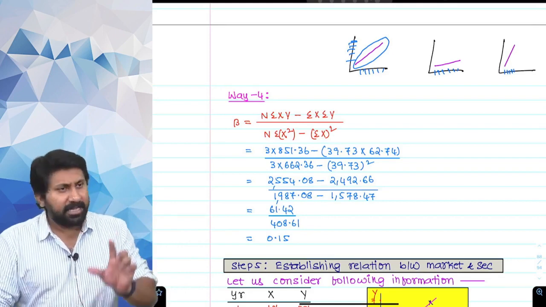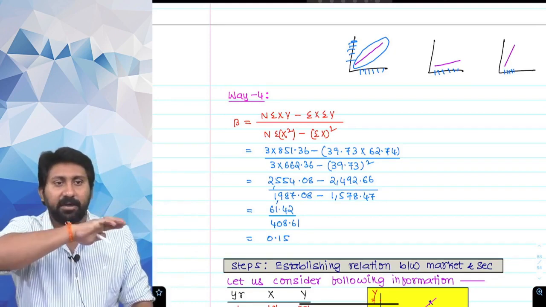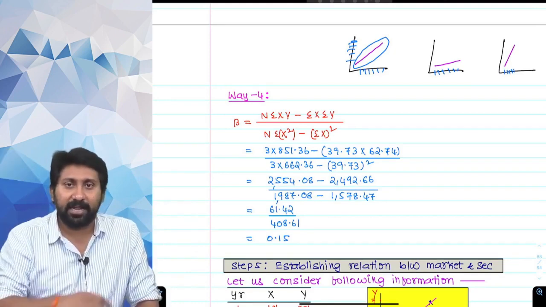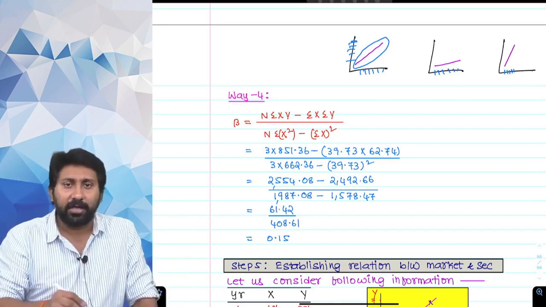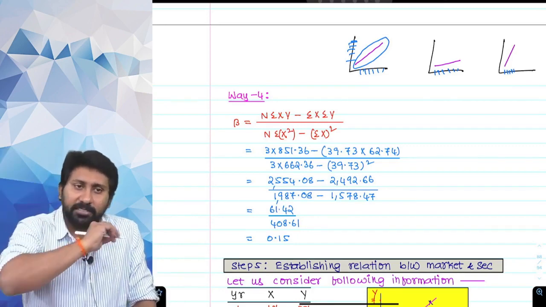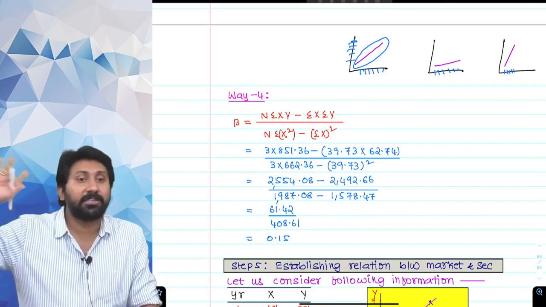What is the difference? Everything is a straight line only. The first is points plotted and drawn as a line. The second also has plotted points, the third also has plotted points which are joined. First one is a straight line, second one is a straight line, third one is also a straight line.